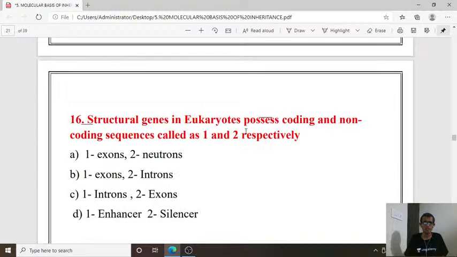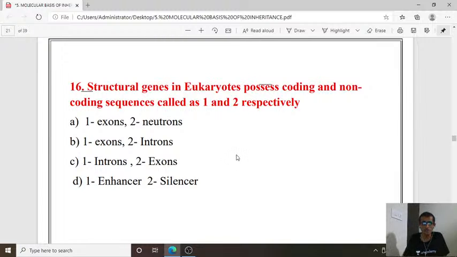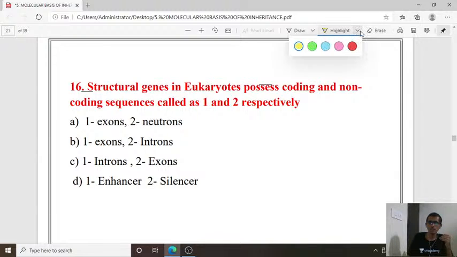Next, structural genes in eukaryotes possess coding and non-coding sequences called 1 and 2 respectively. In the eukaryotic cell, the structural genes have coding and non-coding sequences. What is the coding sequence and what is the non-coding sequence?